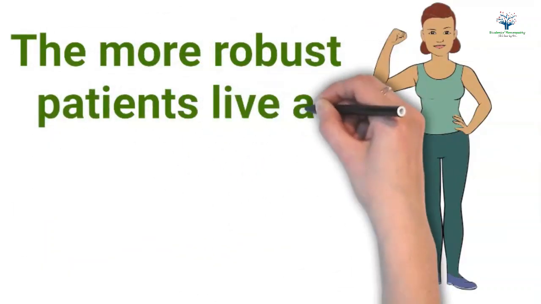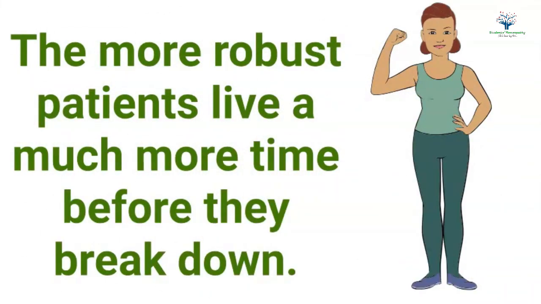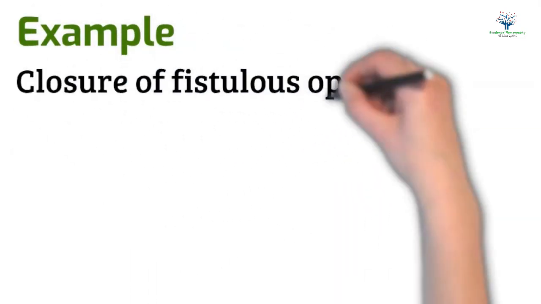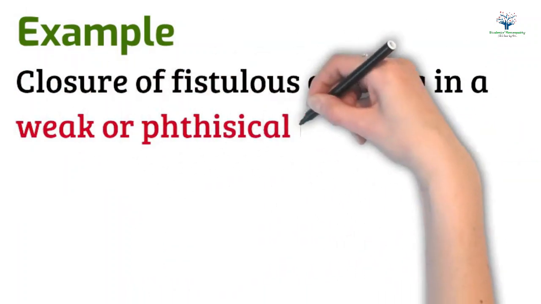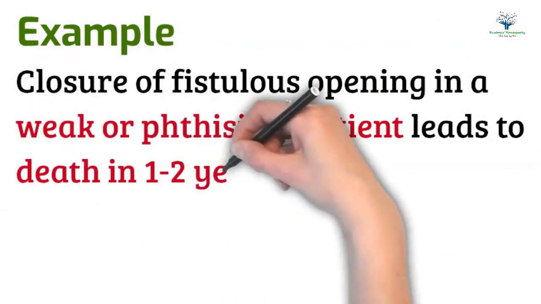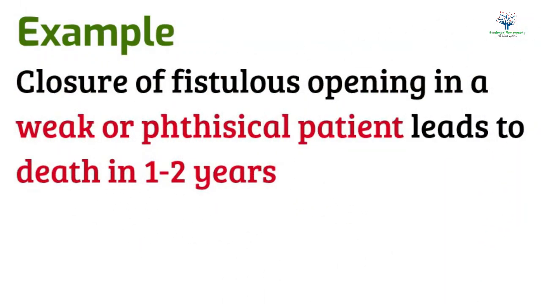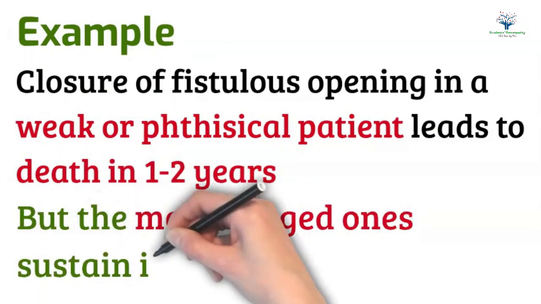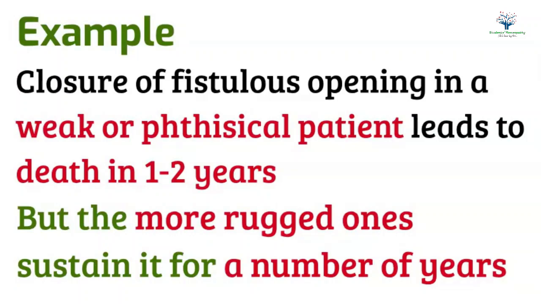The more robust patients live a much longer time before they break down. For example, the closure of a fistulous opening in a weak or phthisical patient leads to death within 1 or 2 years. But the more rugged ones sustain it for a number of years.